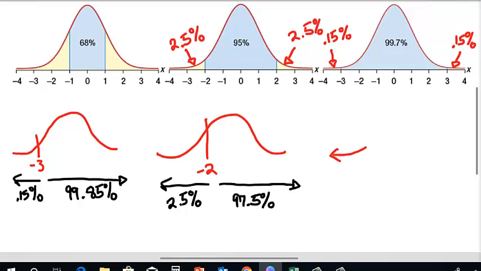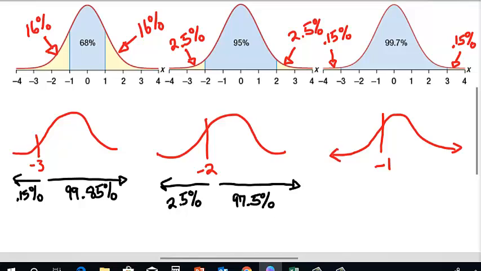Next, I think this is the example that is given to us in the text. If we were at 1 or negative 1, well, we have 68% here, which means we're missing 32%. So if I divide that among the two tails, well, that means I'm going to have 16% here and 16% down here.